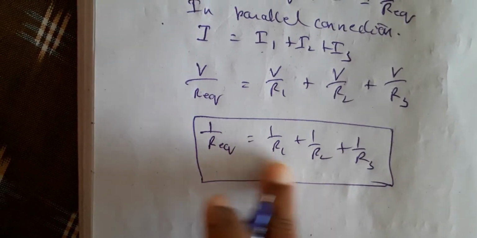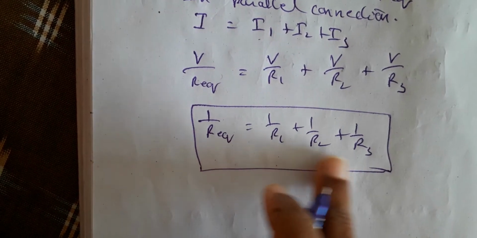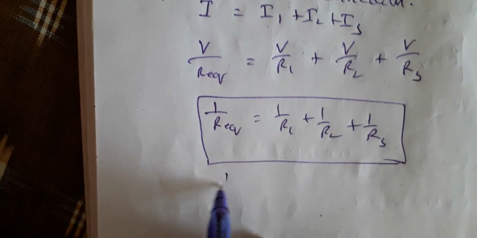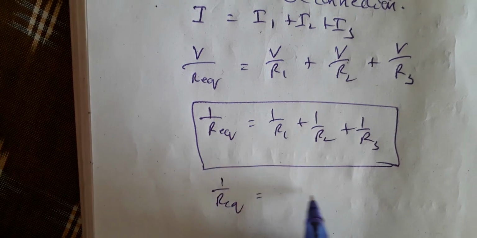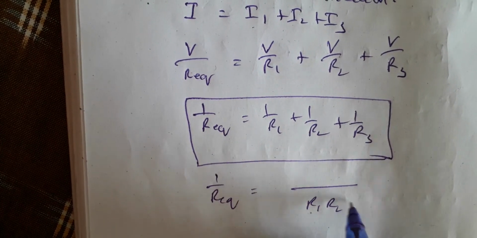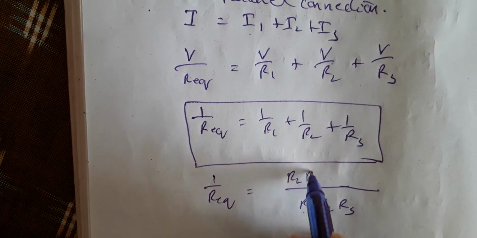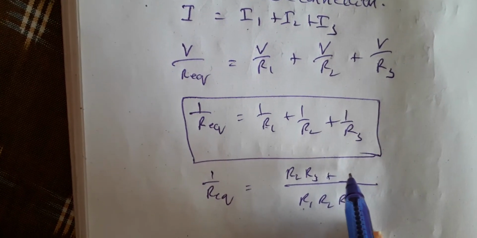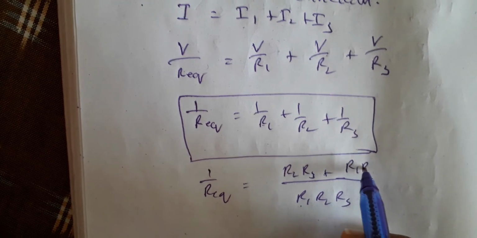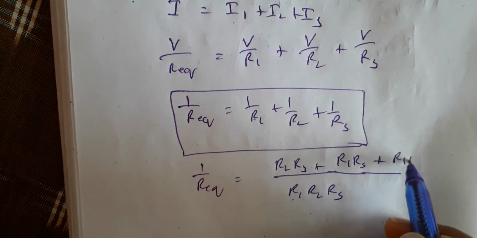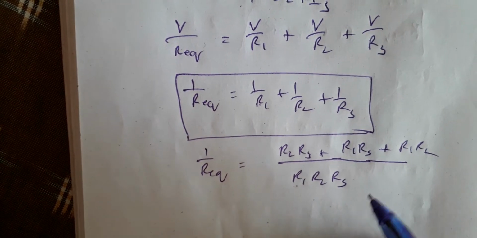Suppose if resistors are given, you can take the LCM. R1, R2, R3 is the LCM. So taking the LCM, R1 R2 R3, and in the numerator R2 R3 plus R1 R3 plus R1 R2. So this is how you will get that.